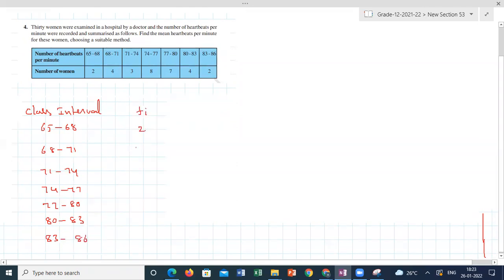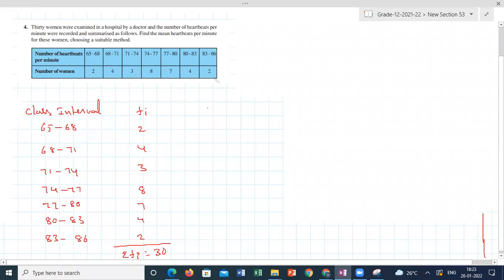Frequency is 2, 4, 3, 8, 7, 4, 2. So the sum of this frequency, sigma fi, is 30. 2 plus 4 is 6, 13, 21, 24, 28, 30.